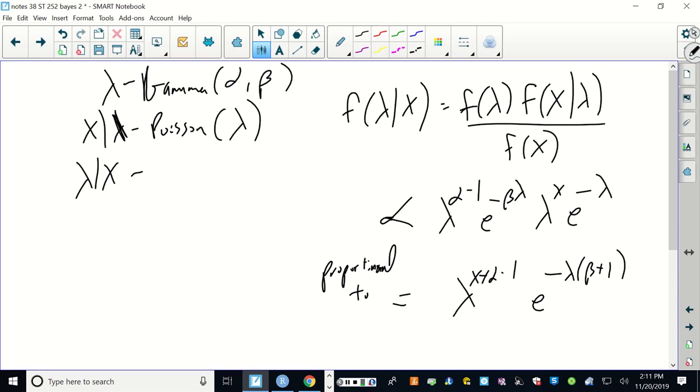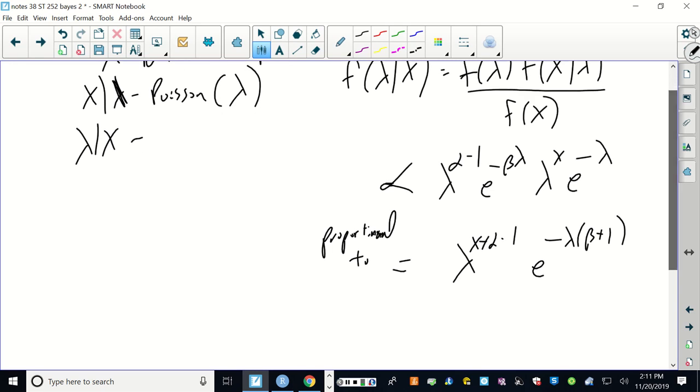So if we get one observation, like the number of babies born on one day, the answer ends up being that after seeing that data point, alpha would change to x plus alpha, and beta just increments by 1, to 1 plus beta.